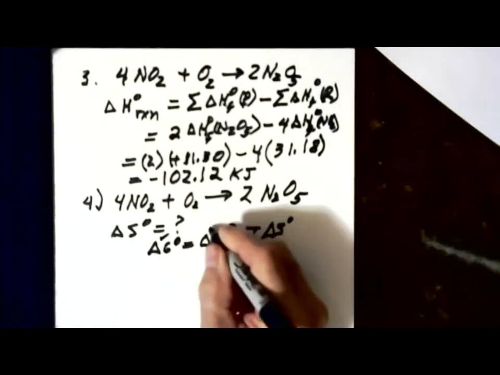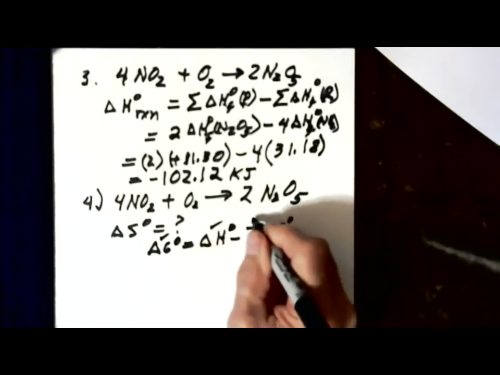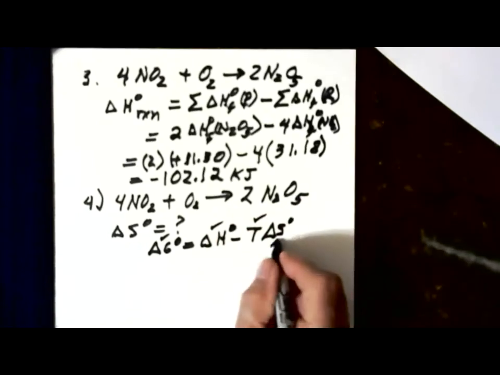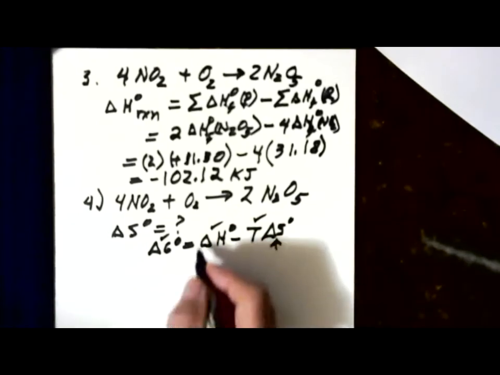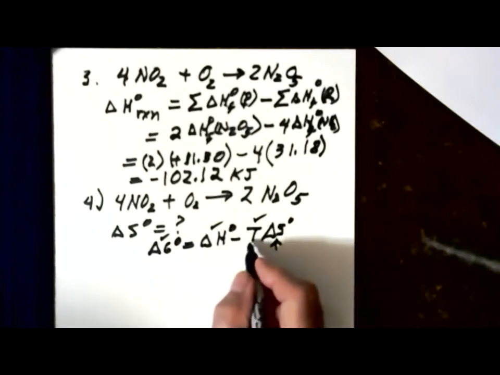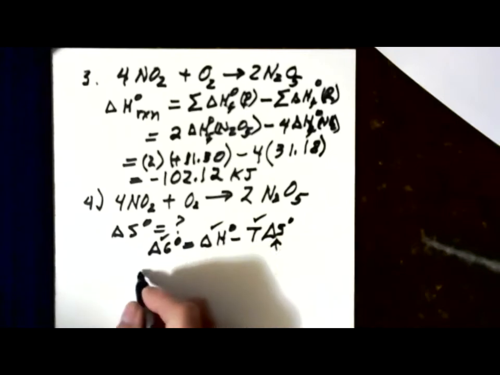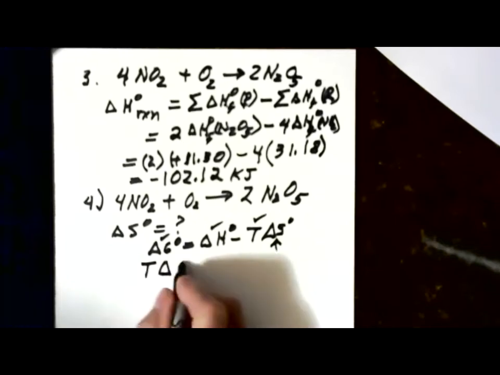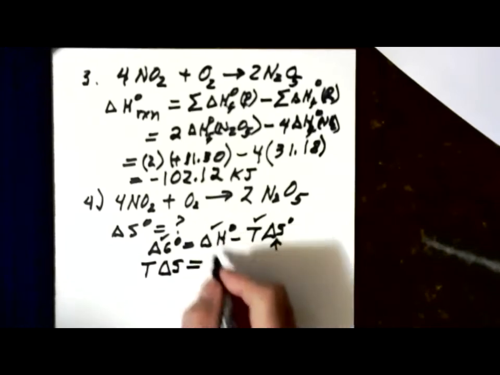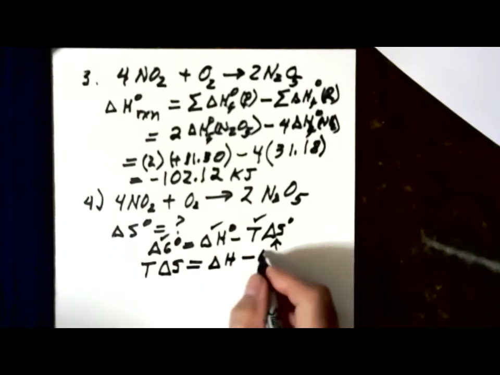I can get this from the table. I can get this from the table. I know the temperature, so there's my delta S. So let's do some rearranging. I'm going to move the T delta S to the left side, so that'll make it positive. T delta S is equal to delta H minus delta G.